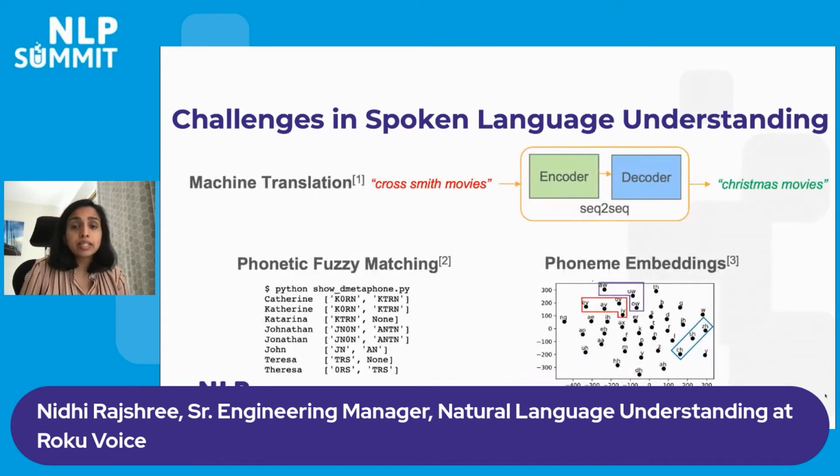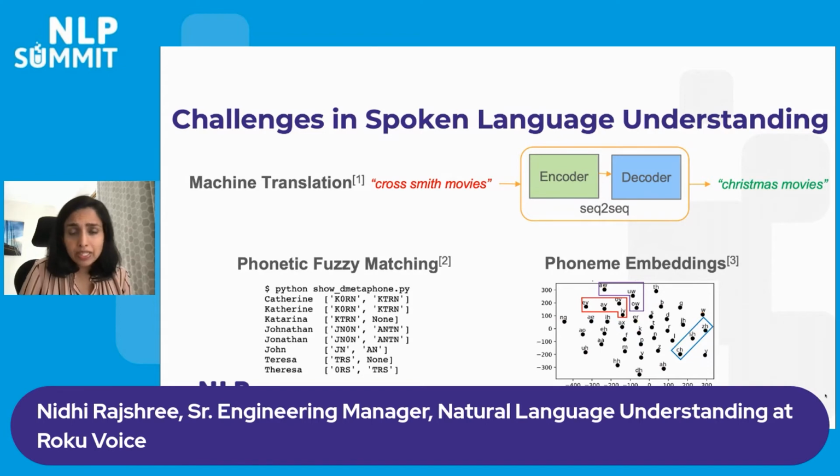So next, let's try to understand some of the general techniques, some of the state-of-the-art techniques that are used, and for all of these algorithms you'll find a reference towards the end of the slides, if you'd like to get deeper into them. One of the first techniques that I'm going to talk about is machine translation, where the goal is to treat the conversion of an erroneous transcription to a corrected transcription as a problem of translating from one language to another language.